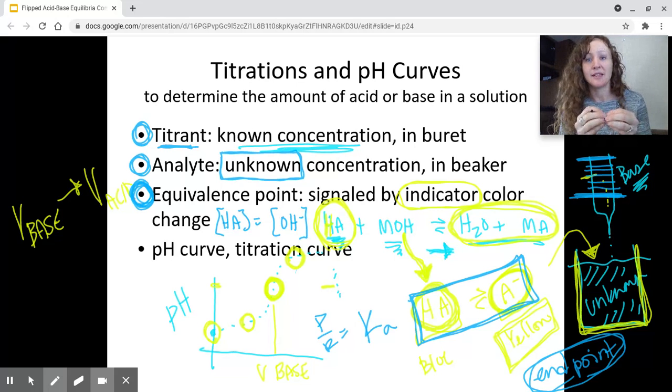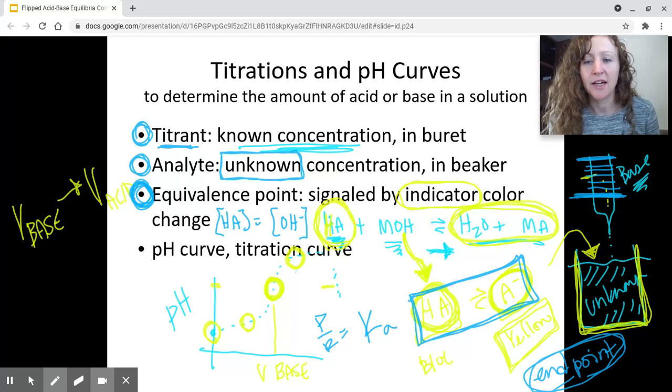And that is where both the analyte and the titrant are perfectly neutralized. At the equivalence point, you have only water and salt left. And hopefully you have chosen an indicator whose endpoint is the same as your equivalence point. And like I said, we'll talk about how to make sure that happens a little bit later.